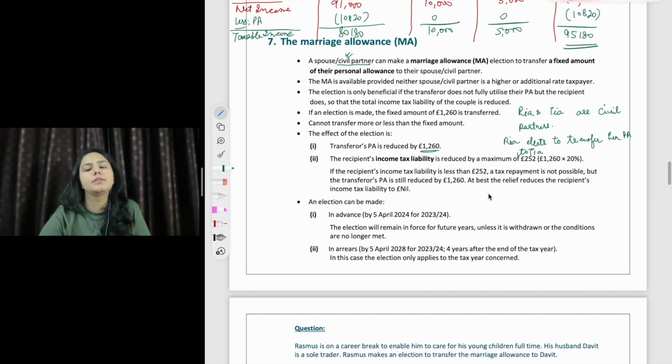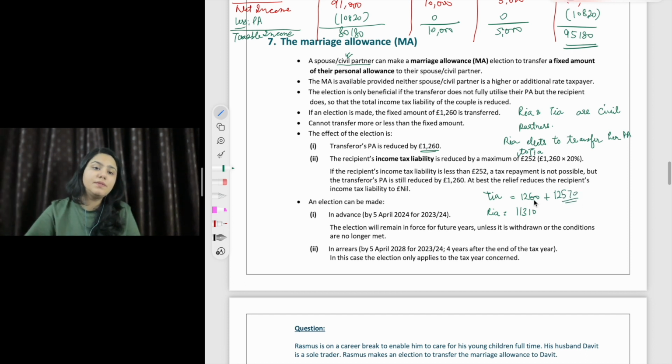So Tia will get an additional personal allowance, or marriage allowance, of 1,260, whereas Rai's personal allowance will be 12,570 minus 1,260. 11,310 will be for Rai, and Tia will get 1,260 plus 12,570.